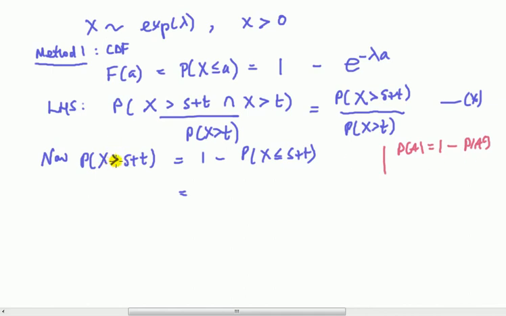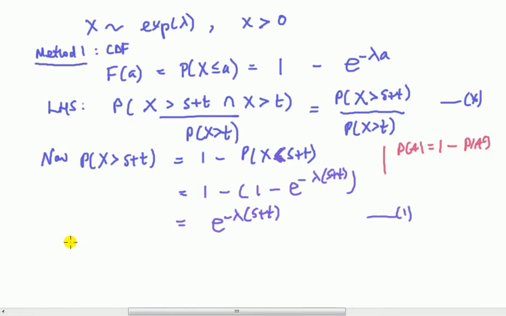X is bigger than that, x is less than that. It's continuous, so it doesn't really matter where I put less than or equal to, let's just put less than. Alright, so I can substitute straight into that. It's 1 minus (1 minus e^(-lambda(s plus t))), which is equal to e^(-lambda(s plus t)).